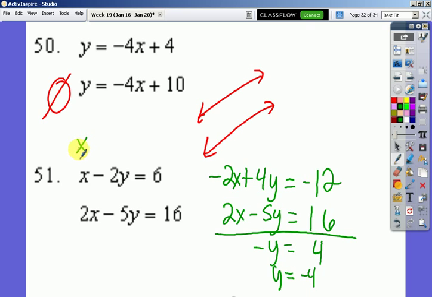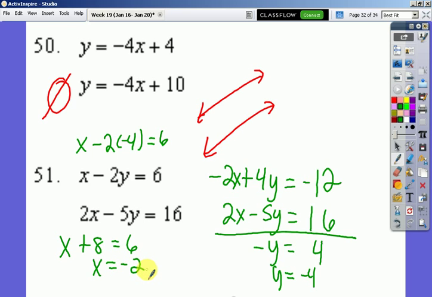So x minus 2 times negative 4 equals 6. So x plus 8 equals 6. So x equals negative 2. And this is what I got with substitution as well. So negative 2, negative 4.